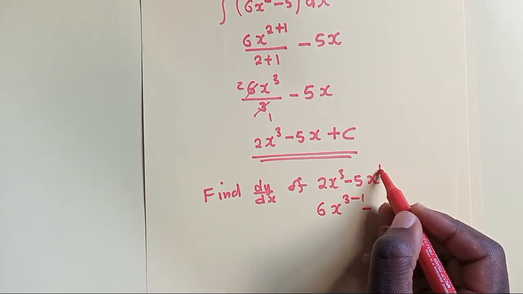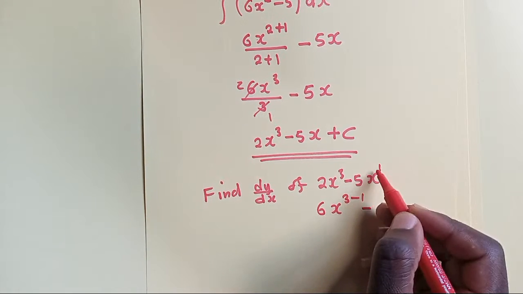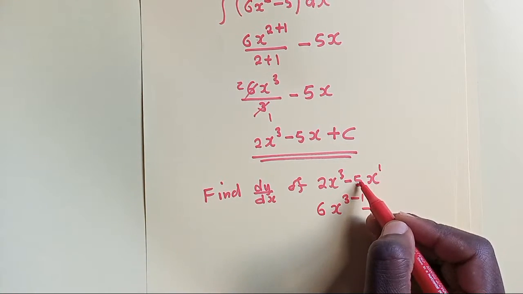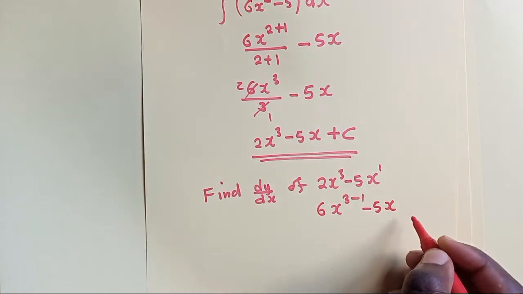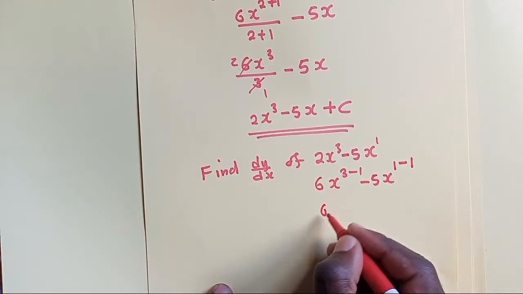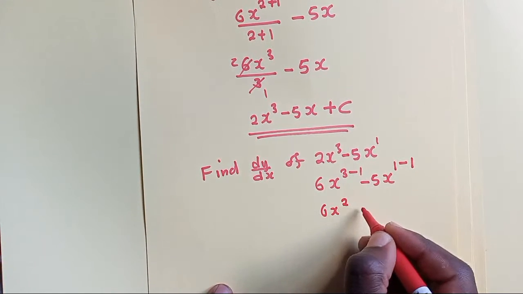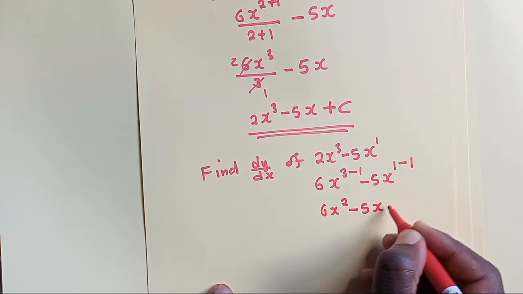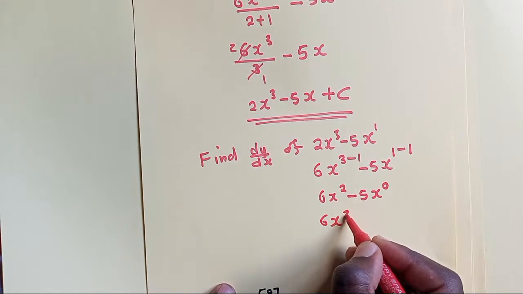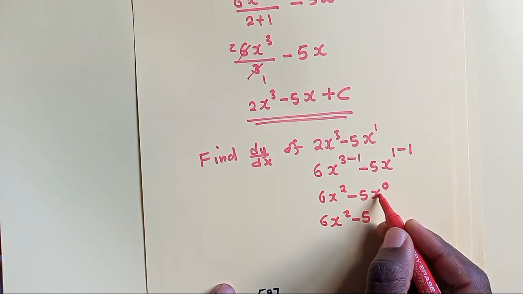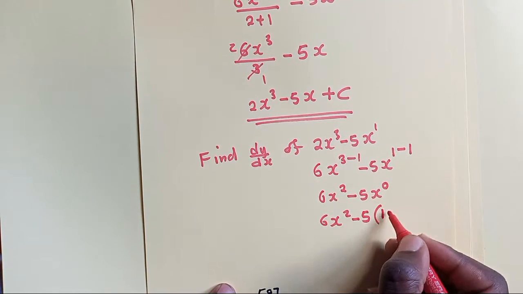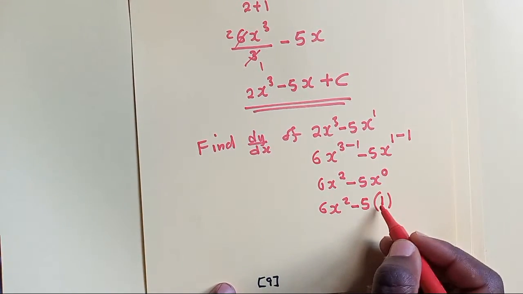It's power 1, so 1 multiplied by 5, and the negative is already there, so it will be 5, and we have x to the power 1 minus 1. So we're getting 6x squared minus 5x to the power 0. The x to the power 0 will just give us a 1.